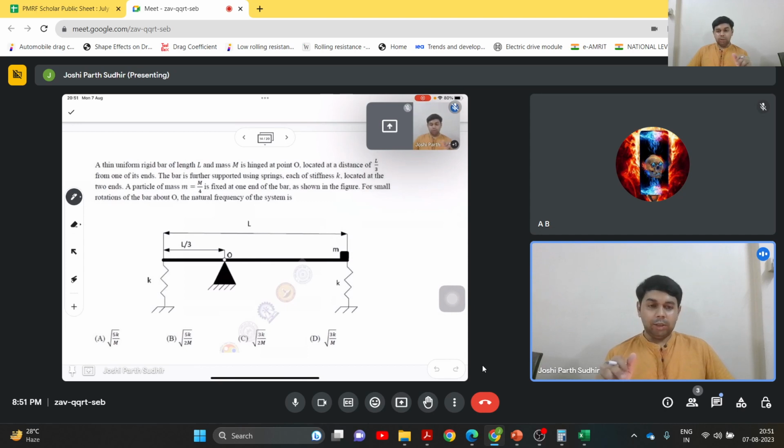I don't remember exactly, but this question says there is a uniform rigid bar of length L and mass capital M, hinged at some point O at a length L by 3, and there is a spring at both the ends, and there is a small point mass, capital M by 4, fixed at one end of the bar.